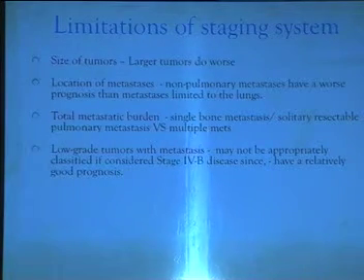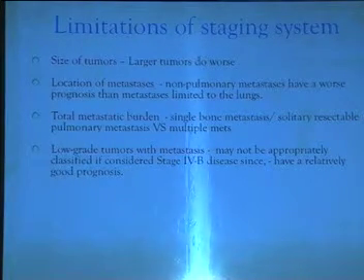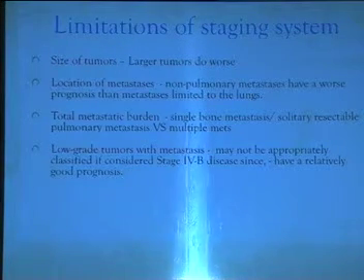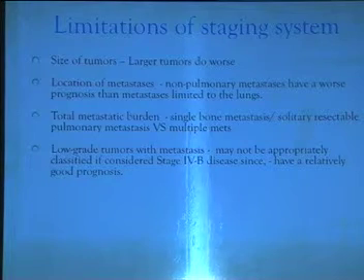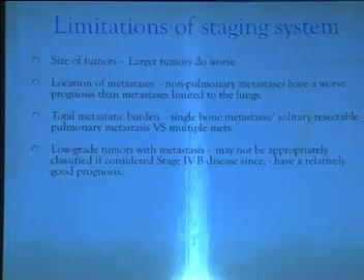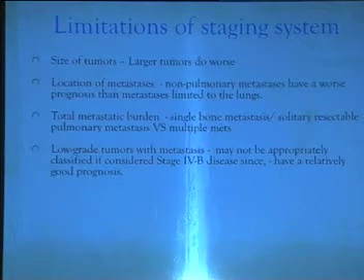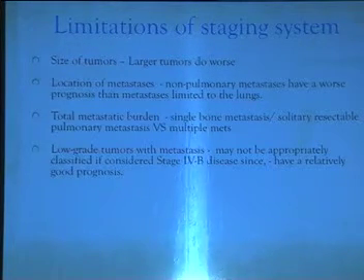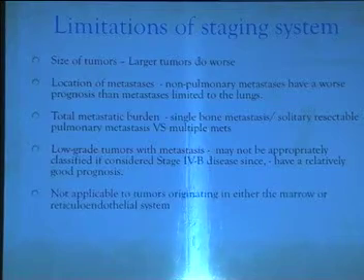Now, any grade of tumor which has metastasis has been categorized in stage 4, which may not hold true for the tumors which are low grade. Some low grade tumors which throw some metastasis still have better prognosis as compared to the tumors which are high grade.